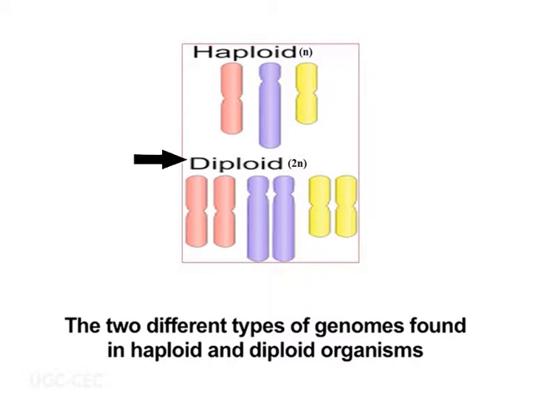Hence the genome becomes a haploid genome. Whereas in the case of the diploid genome, the 3 chromosomes have been shown in pairs. These pairs are known as homologous pairs, and hence the genome becomes diploid as it contains 2 sets of chromosomes. So we can see how the genome can be broadly defined into haploid and diploid type.